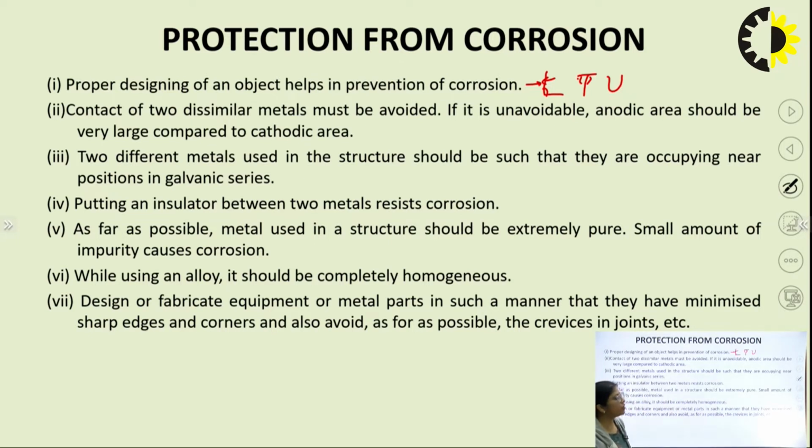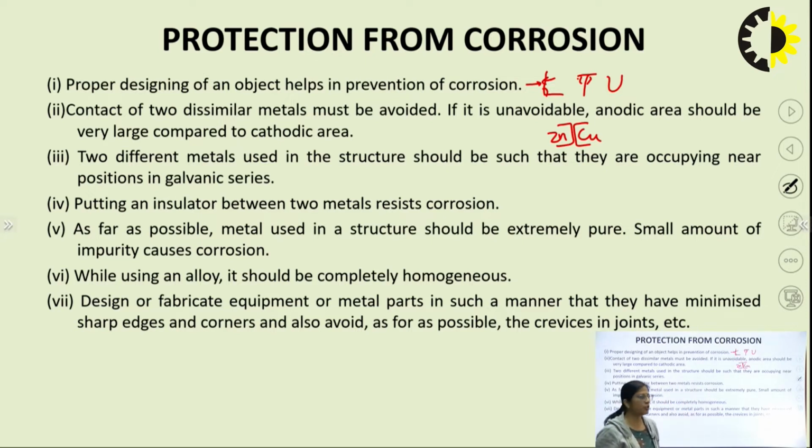The second general method by which we can protect our metal from getting corroded is that the contact of two dissimilar metals must be avoided. And if it is unavoidable, then the anodic area should be very large as compared to the cathodic area. Because if we keep two dissimilar metals in contact, suppose zinc and copper, then they vary in the galvanic series.